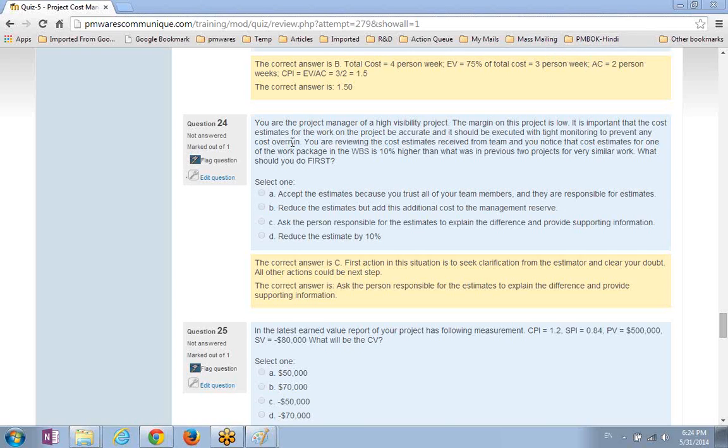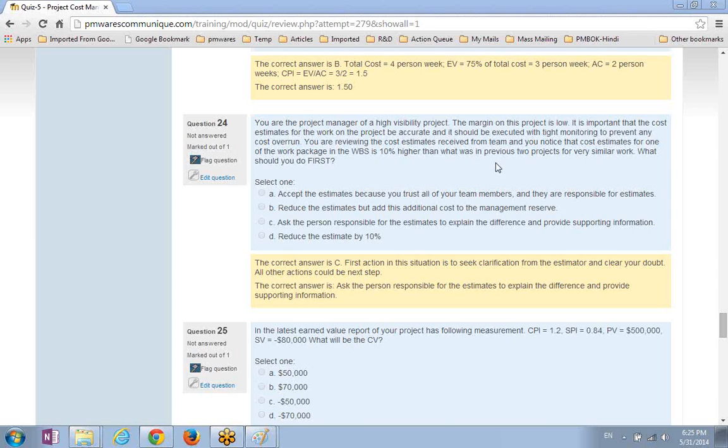So you are the project manager of a high visibility project. The margin on this project is low. It is important that the cost estimates for the work on the project be accurate, and it should be executed with tight monitoring to prevent any cost overrun. You are reviewing the cost estimate received from the team, and you notice that the cost estimate for one of the work packages in the WBS is 10% higher than what was in previous 2 projects for very similar work.